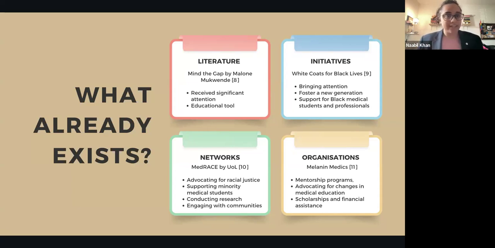So I think all four of these structures are so, so strong. And I think we really need to work with them and grow on the messages that they've already put forward when it comes to representation. Because in my opinion, there's no point in creating a whole new structure if it already exists. It's about collaboration and networking with these other structures to make it even stronger and more sustainable than it was before.